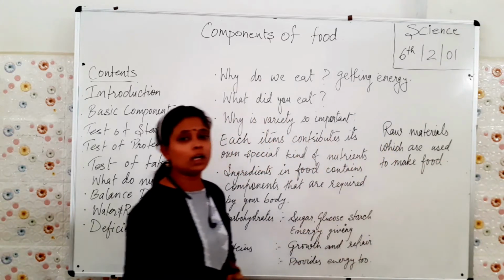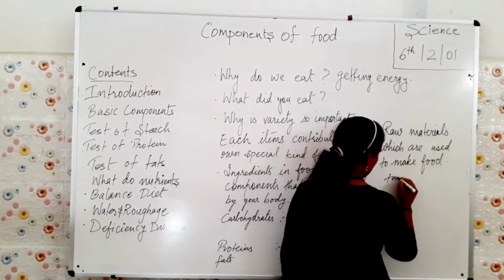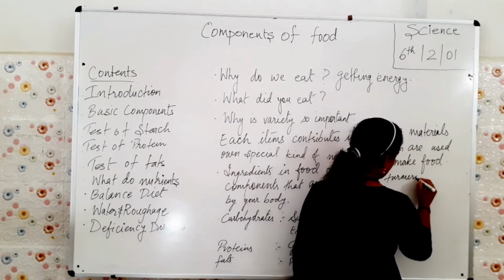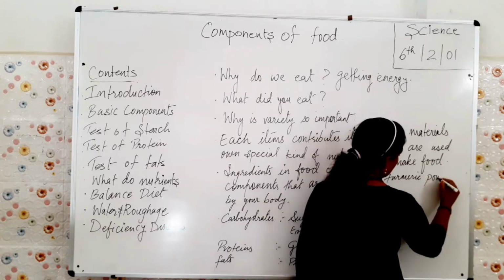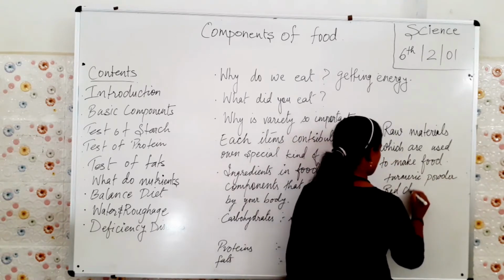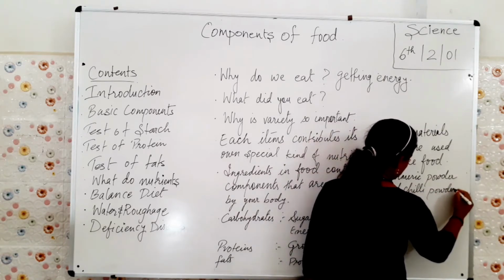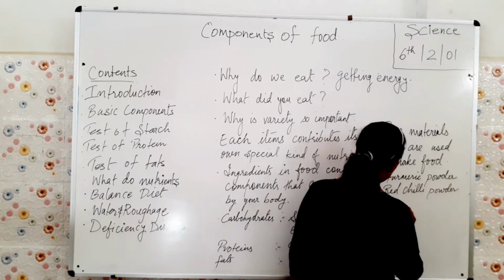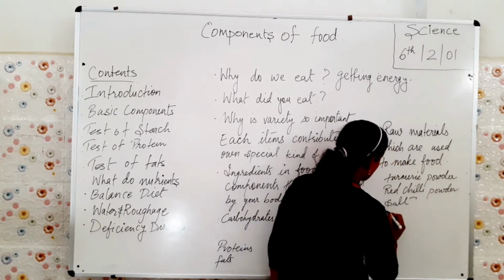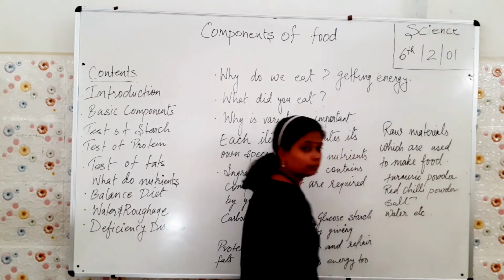They are called raw materials such as turmeric powder, then red chili powder, salt, even water, etc. Many more.